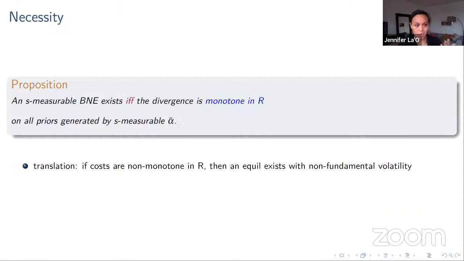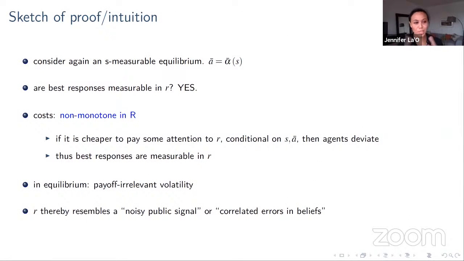Okay, so let's think about the sketch of the proof, or the intuition for this. Consider again an S measurable equilibrium, one that only depends on S. Are best responses now measurable in R? They are. And the reason is not because of payoffs; again, payoffs only depend on S, and they don't depend on R insofar as they affect A bar.